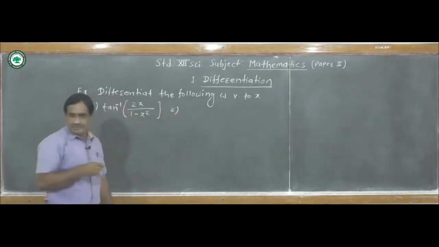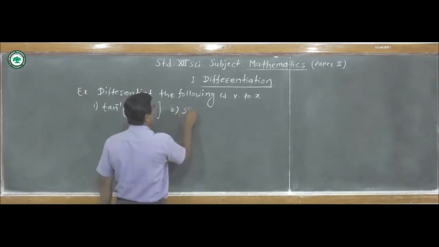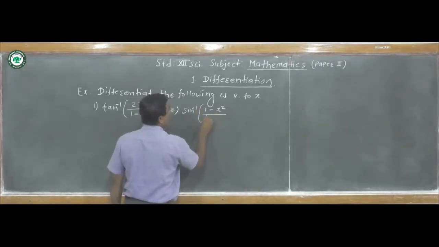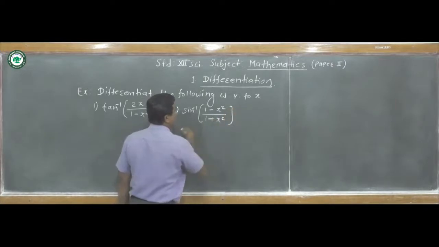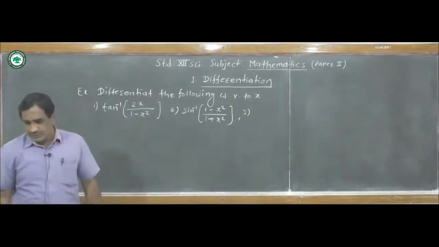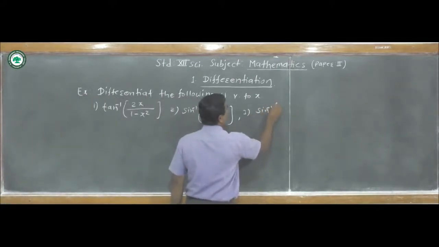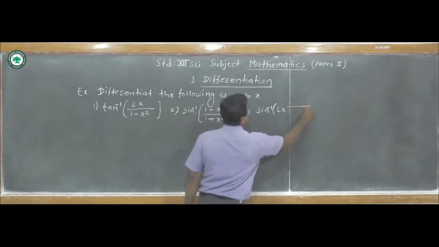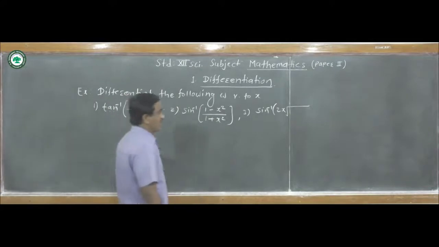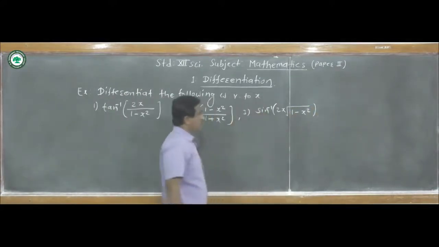Number second, sin inverse of 1 minus x square upon 1 plus x square. And number third, sin inverse of in bracket 2x into under root 1 minus x square.